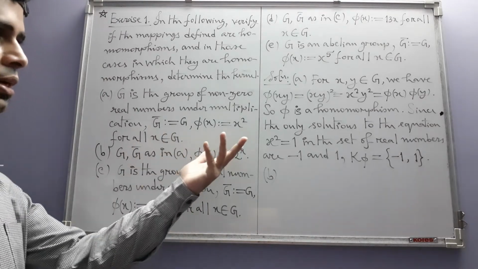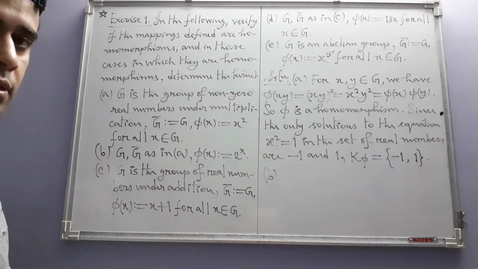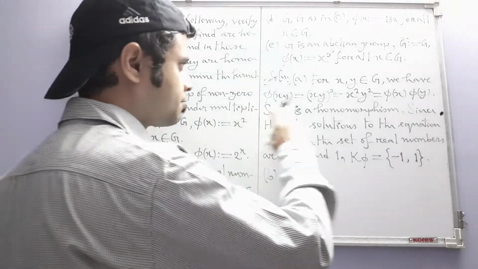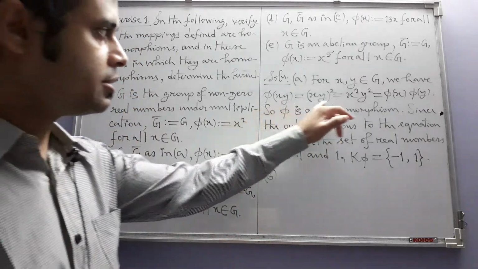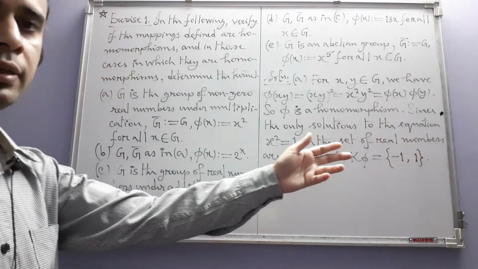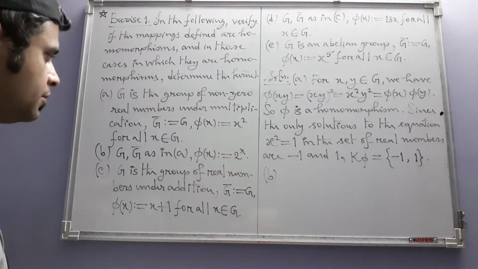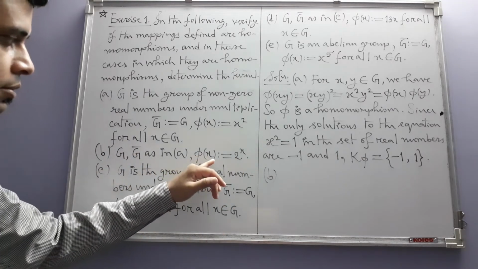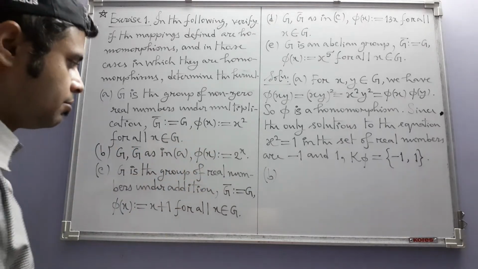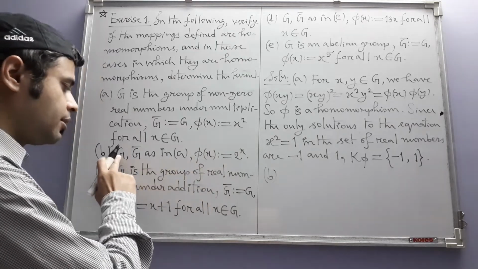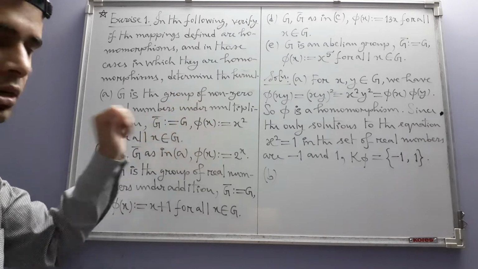Before showing that some function is a homomorphism, you have to first of all guess whether it's actually a homomorphism or not. Then you proceed to show the thing accordingly. In the first case, we can clearly see this calculation before we even write it. It's that easy. In the second case, however, we can pretty much guess it's not going to be a homomorphism, because if you try to calculate here, G and G bar are the same group, non-zero real numbers under multiplication.